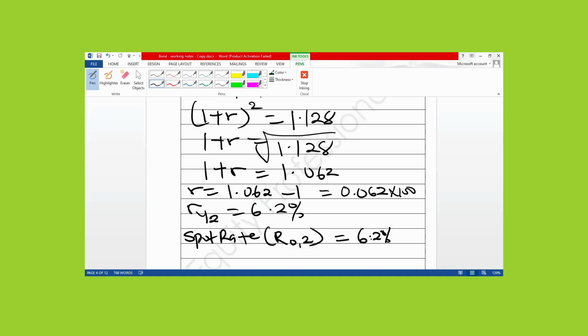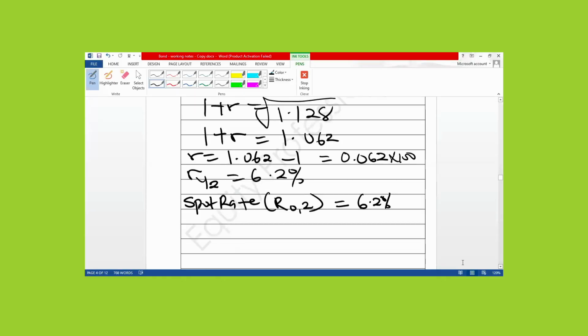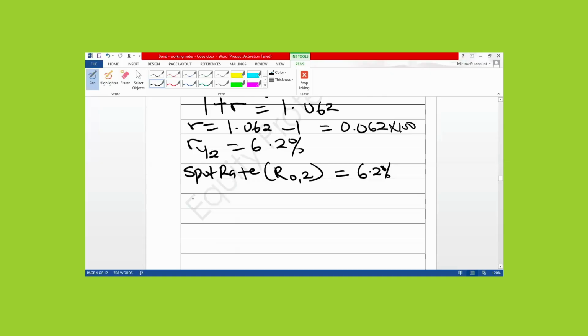We now go to bond C. Bond C is for 3 years maturity. Coupon rate, 6%.